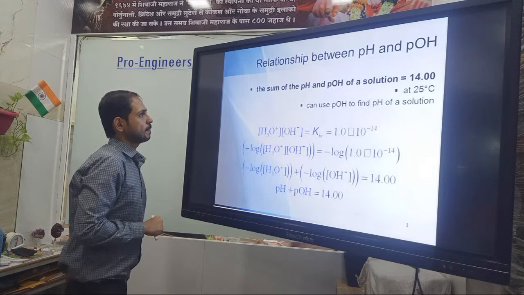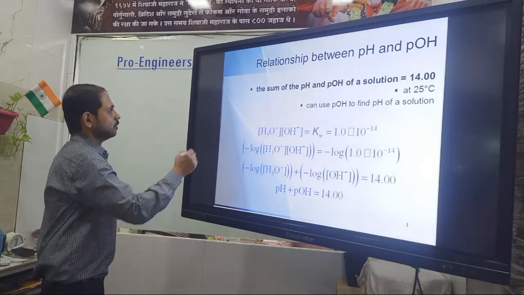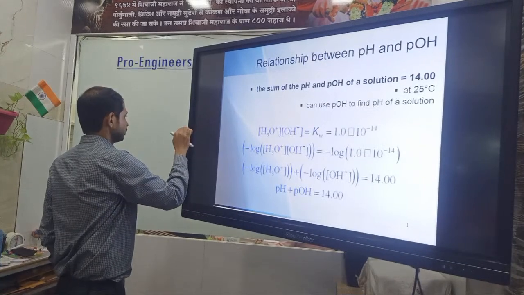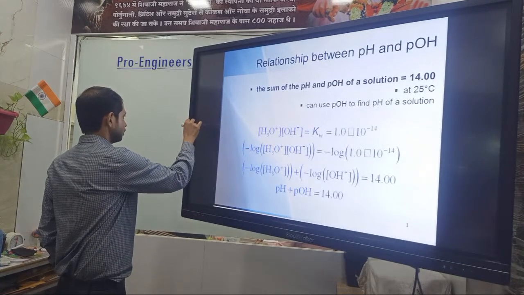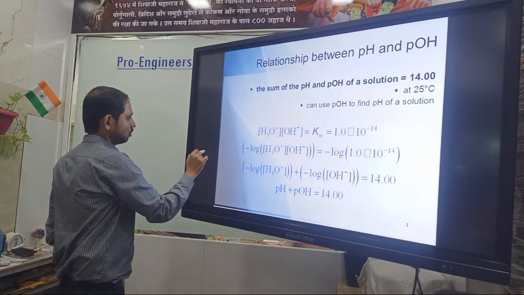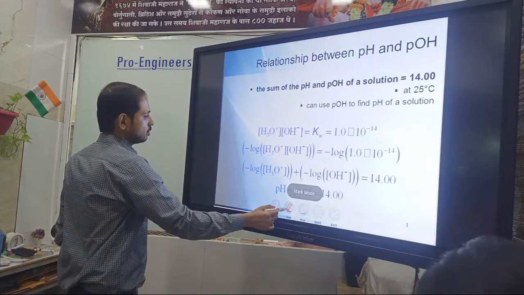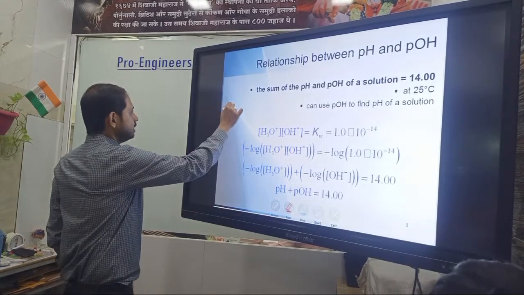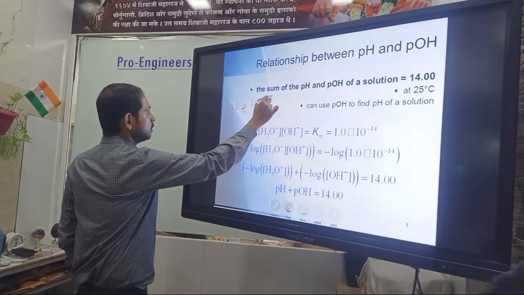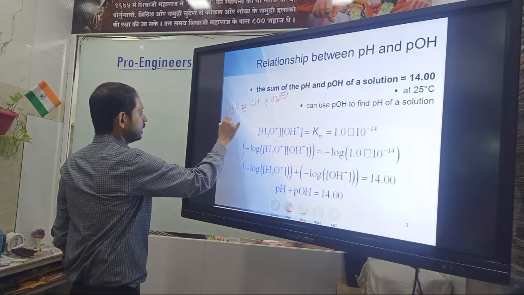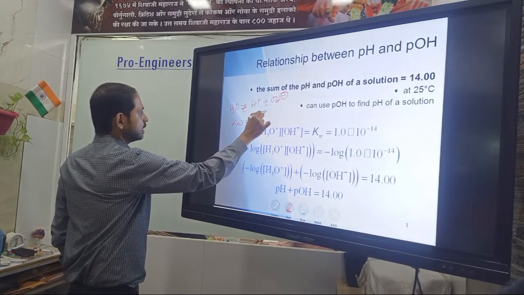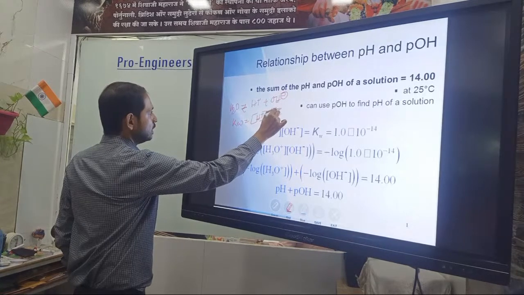This is very simple. Now we know water dissociates into H plus and OH minus. So we can write Kw is equal to concentration of H plus times concentration of OH minus.